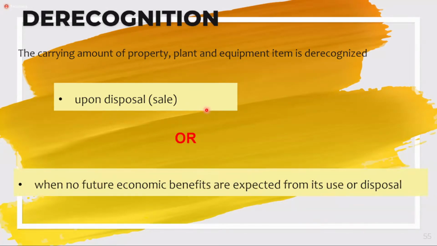Or when no future economic benefits are expected from its use or disposal. Ini bila aset itu sudah tidak aktif digunakan lagi oleh business dan tidak dapat generate income to the business. Ia perlu dikeluarkan daripada fixed asset register.